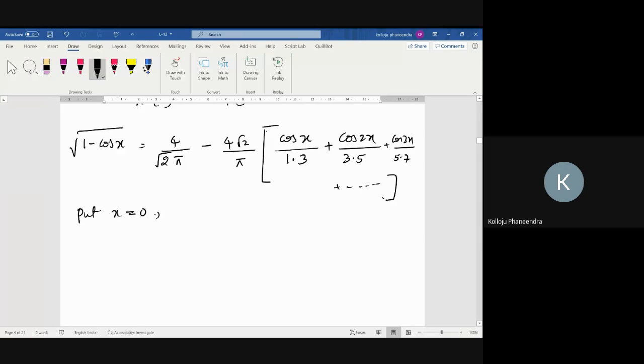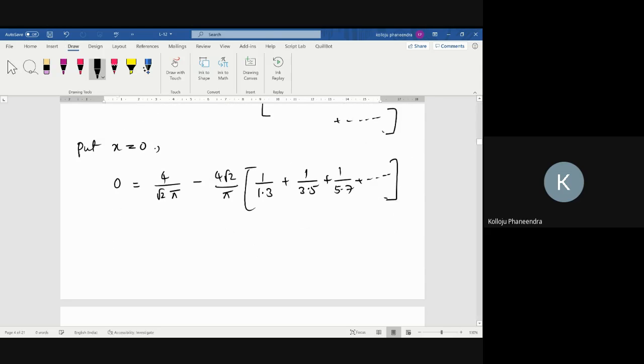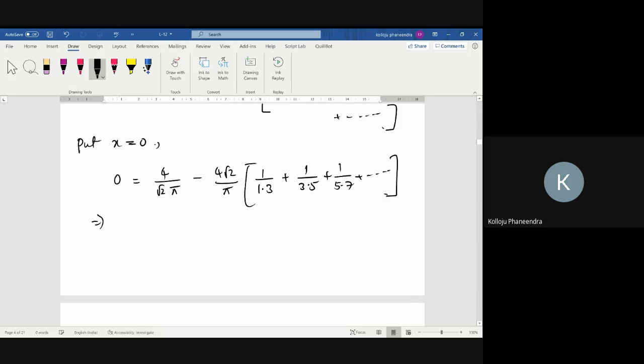So what is this? Left side is what? Cos 0 value is 1, 1 minus 1 is 0. This is 4 by root 2 pi minus 4 root 2 by pi, cos 0 value 1, 1 by 1 into 3, 1 by 3 into 5, 1 by 5 into 7 and so on and so on. So let me take this entire minus term to this side.